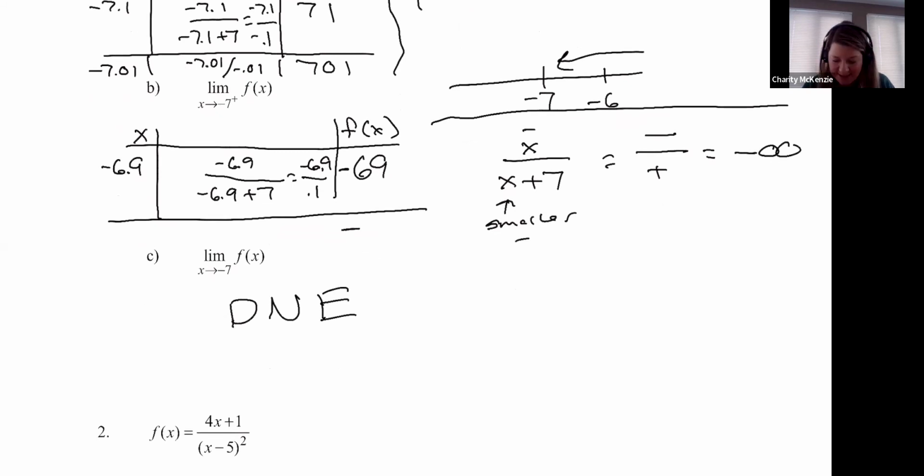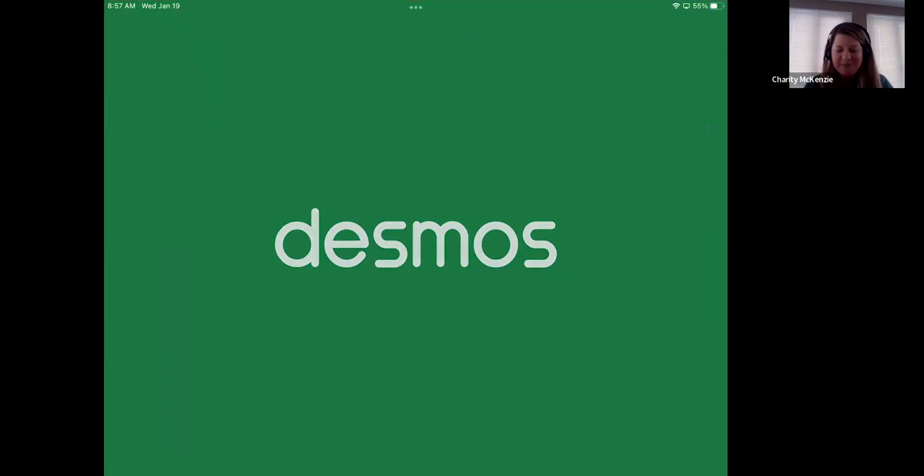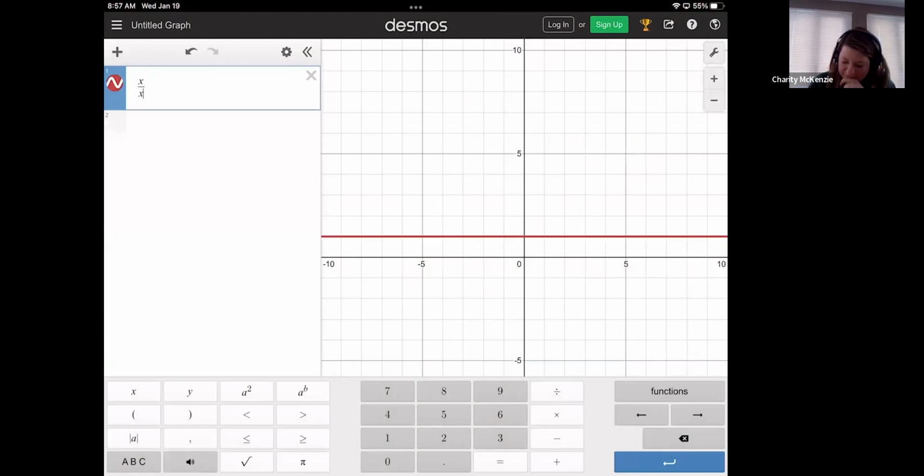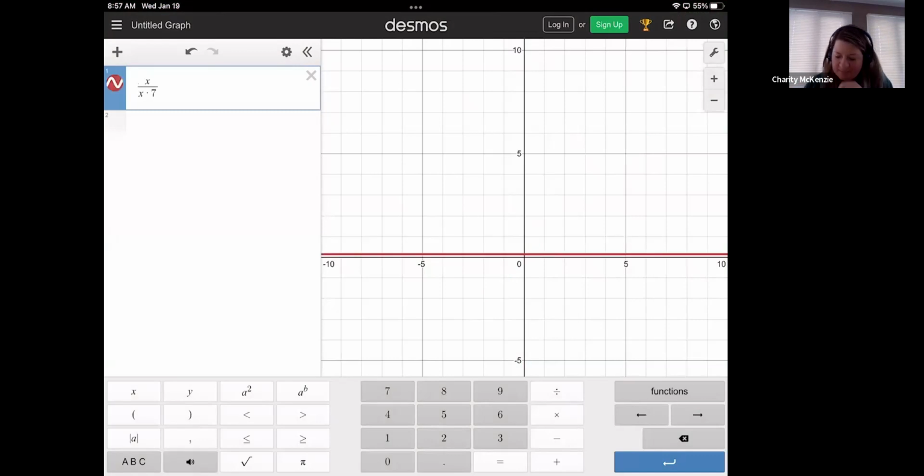And I want to show this on Desmos, and look, I downloaded it today. Okay, so our function was x divided by x plus 7, right? Yeah, x plus 7.